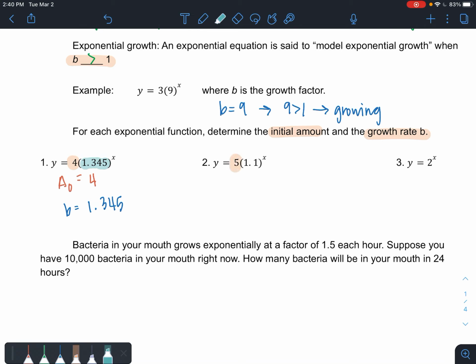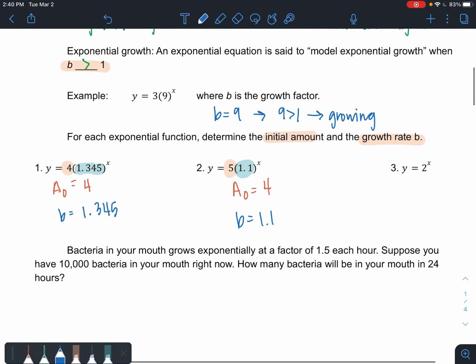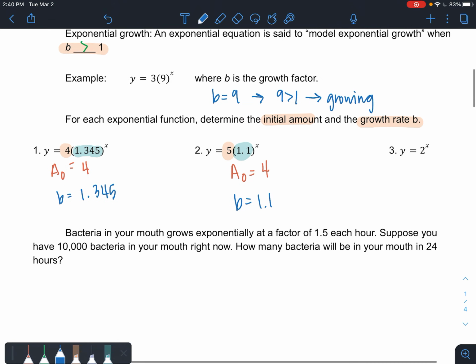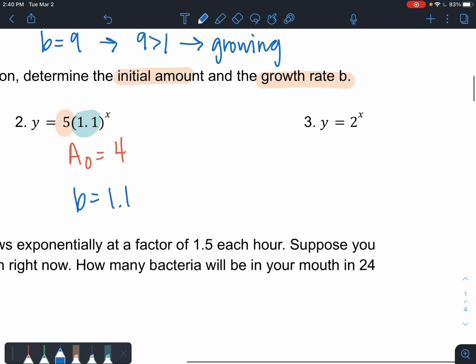This next one here, we've got 5 and 1.1. So A sub 0 is equal to 5, and B is equal to 1.1. All right, go ahead and do this next one on your own.